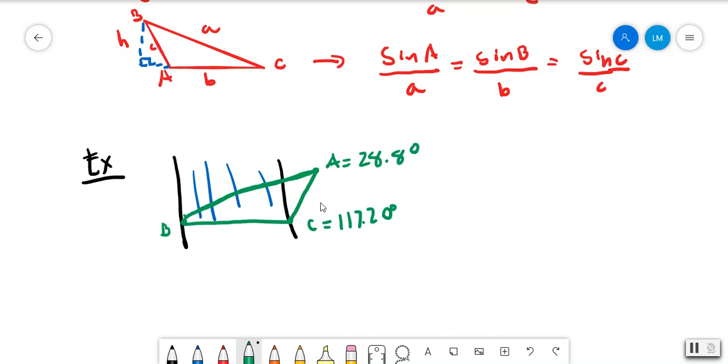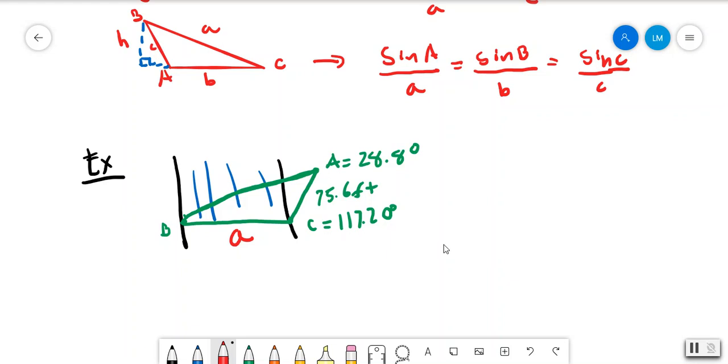Now the other thing that I happen to know is that this side right here is 75.6 feet. So I just need to find the distance across here. We can label that as follows. So we're just trying to find side A.